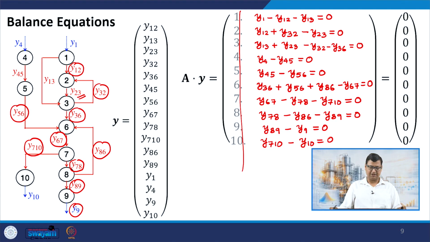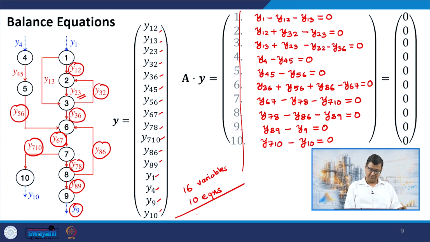In this case, for example, you have 10 vertices, so essentially you have 10 equations that you can see here, and then you have 1, 2, 3, 4, 5, 6, 7, 8, 9, 10, 11, 12, 13, 14, 15, 16 edges. So, we have 16 variables.